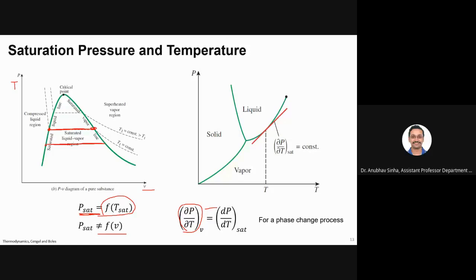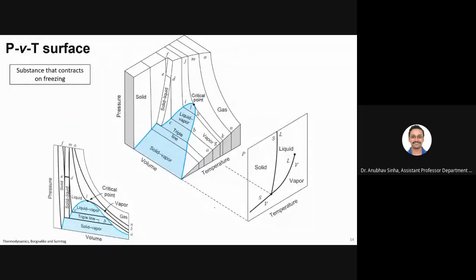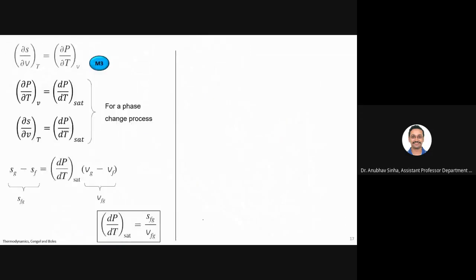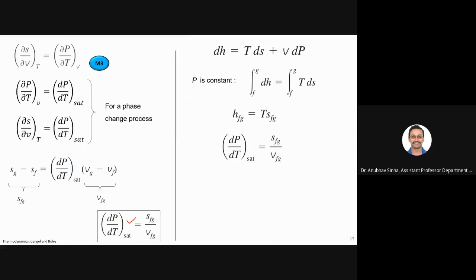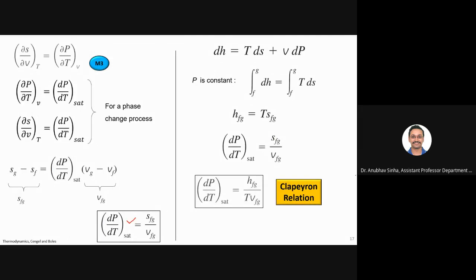Let me go back to that slide then. This is what we have already found, and this is what we got from this TdS relation. If I combine these two, we get what is called the Clapeyron relation.